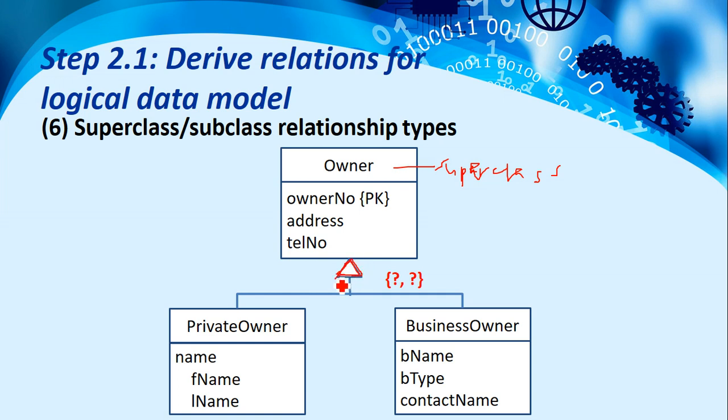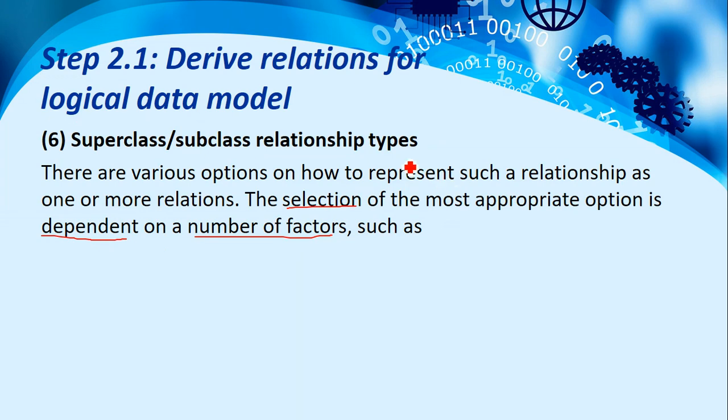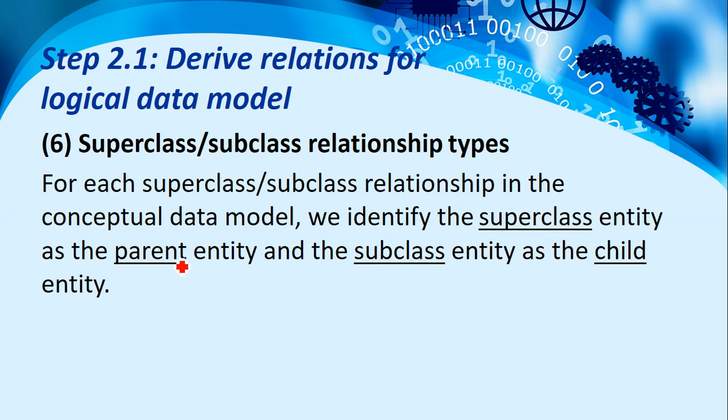Nakalagay. Since this arrow, this solid white arrow is pointing to this entity, owner, and tsaka this one, this arrow is connected to these two entities. So, therefore, itong dalawa na to, these are subclasses. And according to our statement right here, the superclass is the parent, the subclass or the subclasses are the child entities.